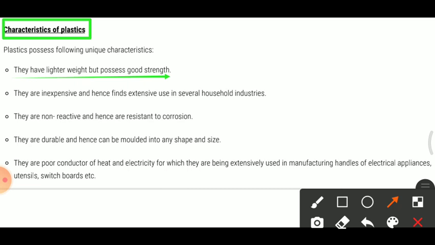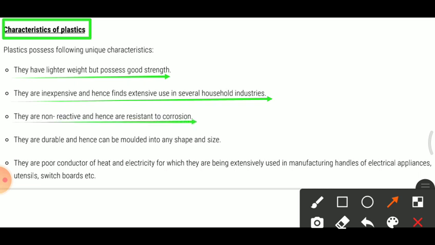The next property is that they are inexpensive and hence find extensive use in several household industries. Plastics are generally cheaper than metals. They are widely used in industry and for household articles. Next, they are non-reactive and hence resistant to corrosion.